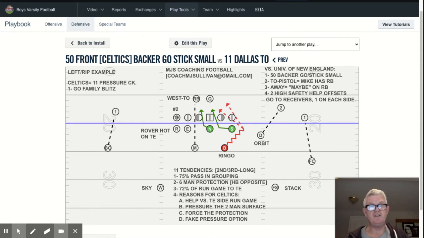Built into that, we teach the kids exactly what the opponent is trying to accomplish, which is why this particular pressure addresses all of it. That's why we simply dub it a pressure check.